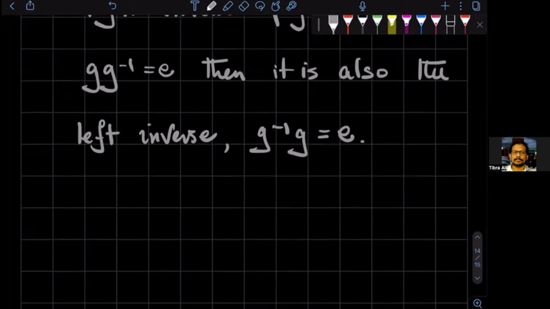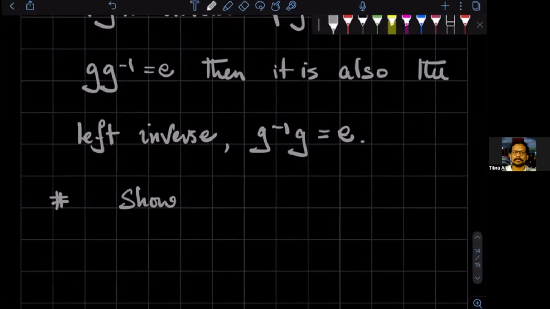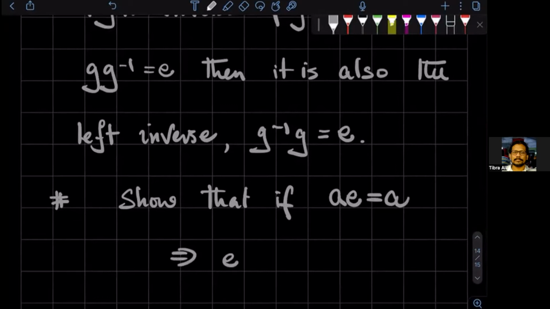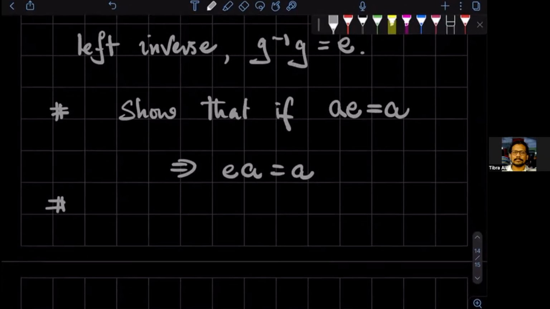So that's number one. Number two is, show that if E is the right identity, then it is also the left identity. And number three is, show that the inverse is unique.